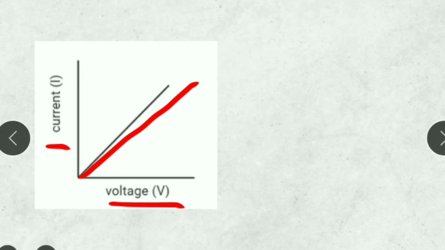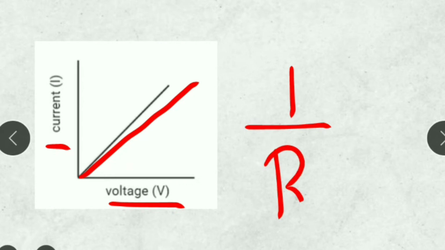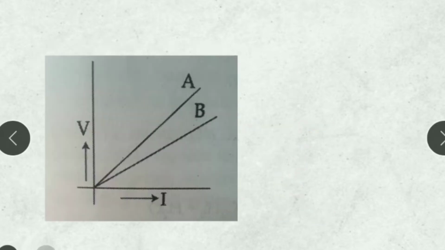The slope of IV graphs gives us 1 upon resistance. That is called conductance, which you'll be studying in higher sections. But IV graphs give us the reciprocal of resistance. Secondly, if we talk about the graph VI, the slope of VI graphs gives us resistance.